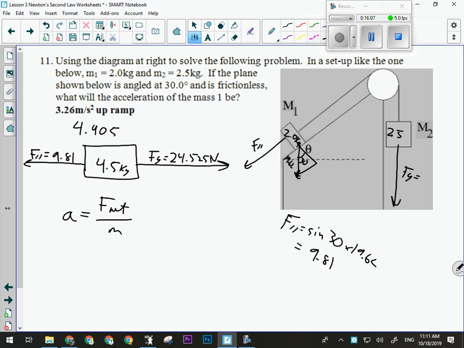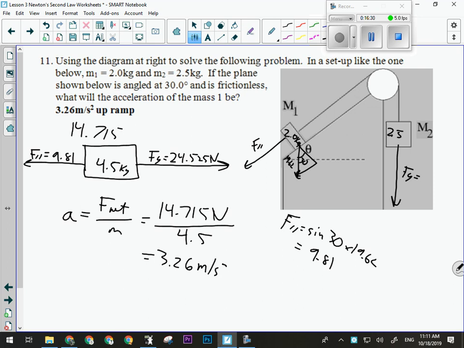Sorry, you're right. 14.715 newtons. So 14.715 newtons is my net force, divided by the mass of the system, 4.5. That will give me my 3.26 meters per second squared up the ramp, because we're talking about just that one.